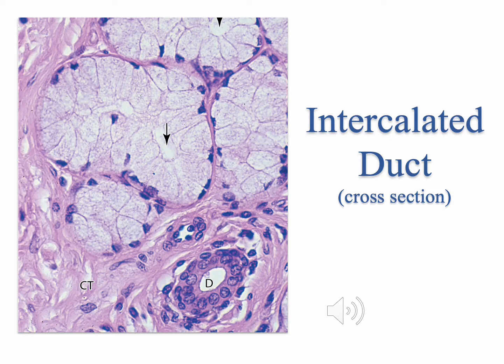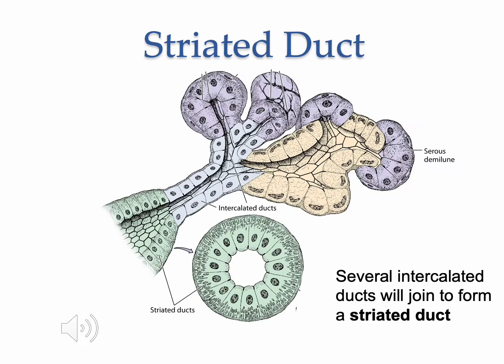And here in this image we have an intercalated duct in cross section, forming a nice circular structure lined by cuboidal epithelial cells with quite pink or eosinophilic cytoplasm and a large centrally located nucleus. The intercalated ducts will then join together and give rise to the striated duct.